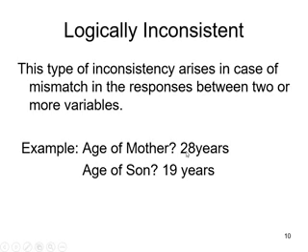That means mother's age 28 years and son's age 19 years means she became a mother at the age of 9 years, which is not possible. But if she is not the biological mother, if she is the stepmother, then there is a possibility of such things happening. So this needs to be checked, but otherwise from the overall view, it appears that this is logically inconsistent data.